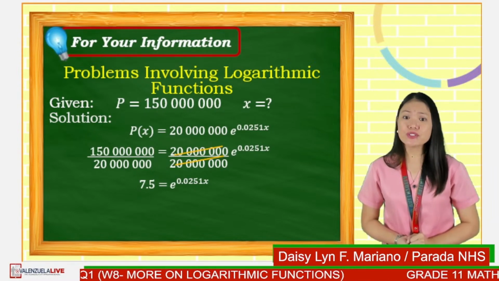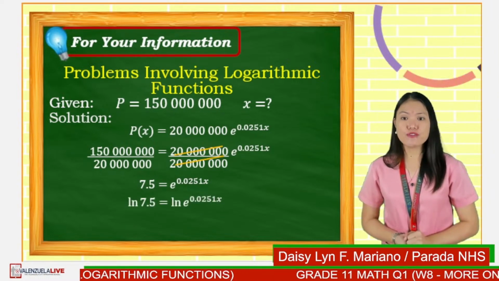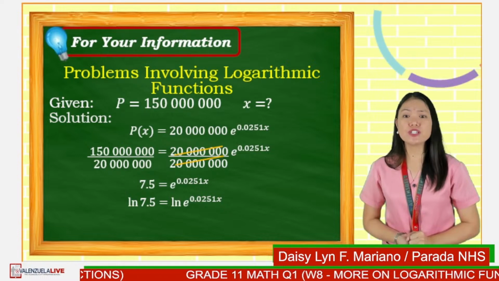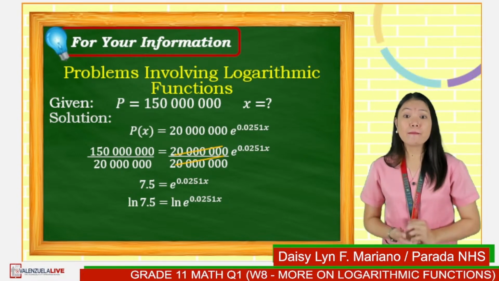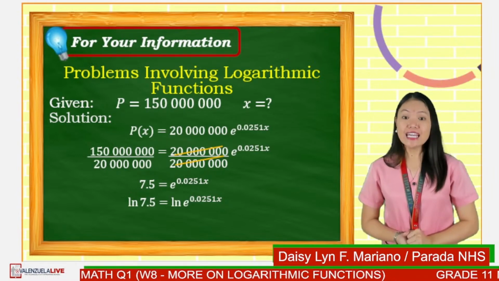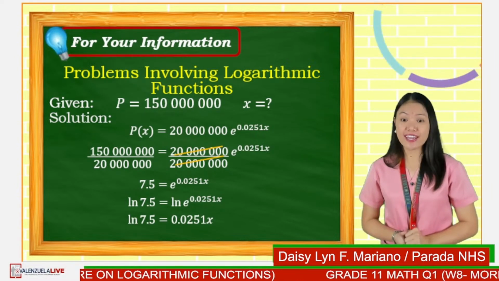Next is to take the ln of both sides. That is, ln of 7.5 is equal to ln of e raised to 0.0251x. By applying the properties of logarithm, we will come up with ln of 7.5 is equal to 0.0251x.